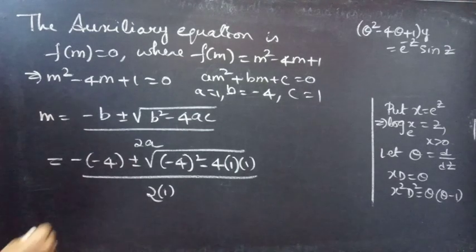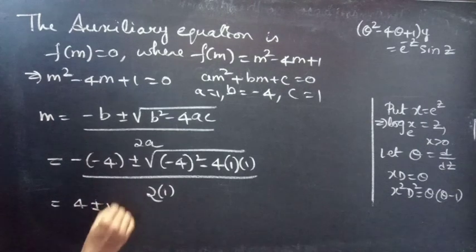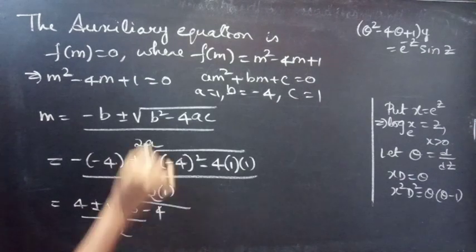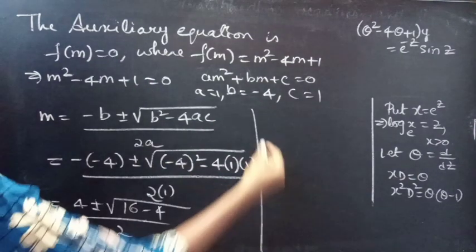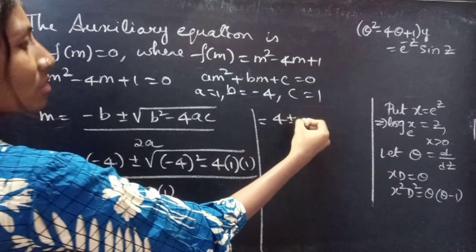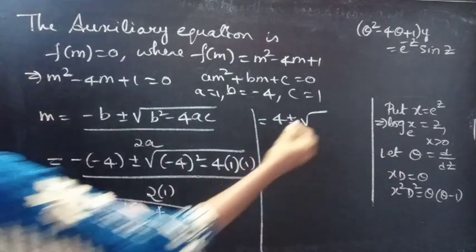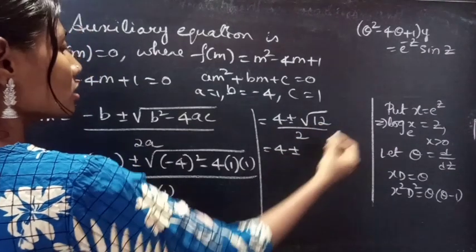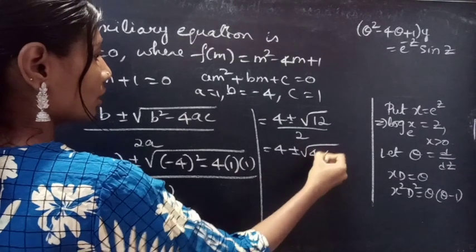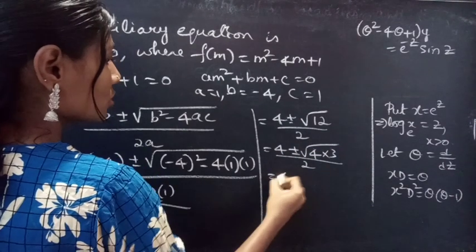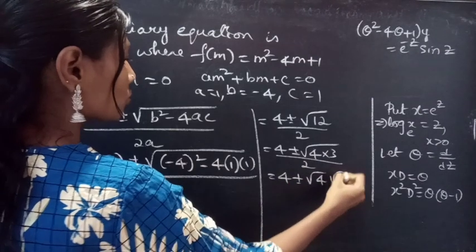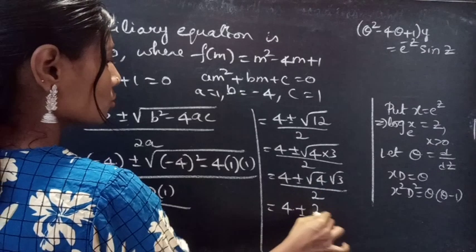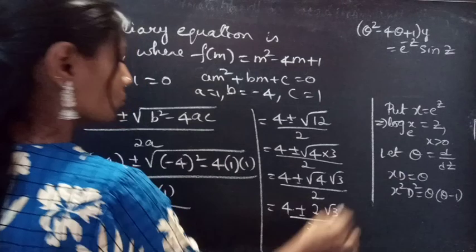This becomes 4 plus or minus square root of minus 4 whole square is 16, minus 4, by 2, right? Which is equals to 4 plus or minus square root of 16 minus 4 is 12, by 2, equals to 4 plus or minus, we can split square root of 12 as 4 into 3, which is equals to 4 plus or minus square root of 4 into square root of 3, by 2. We know that square root of 4 is 2, then we'll get 4 plus or minus 2 into root 3 by 2.